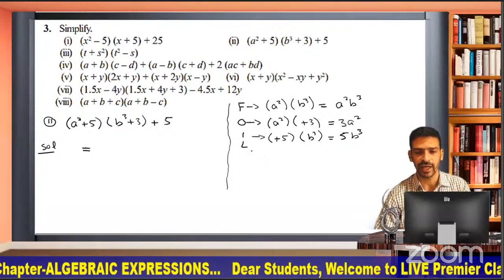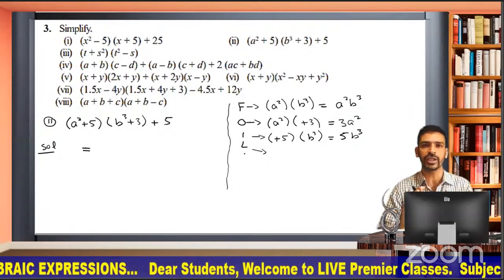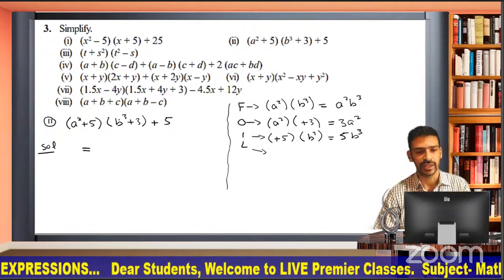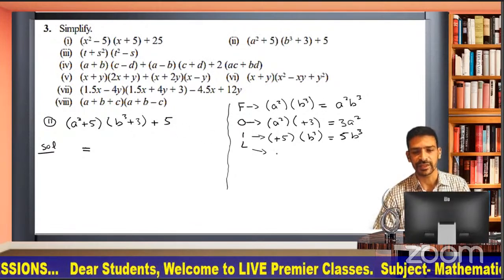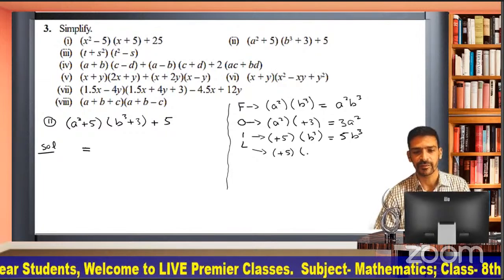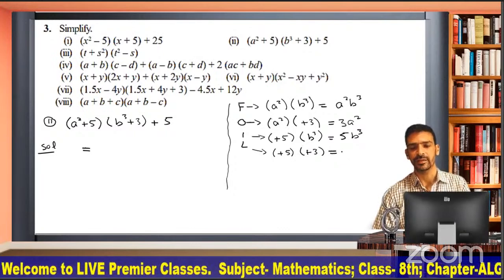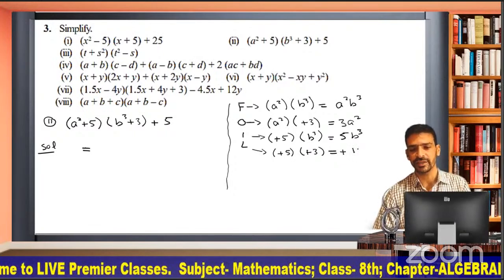And we have last terms, the last term of both expressions, and that is plus 5 and plus 3. The result is plus, 5 threes is 15.